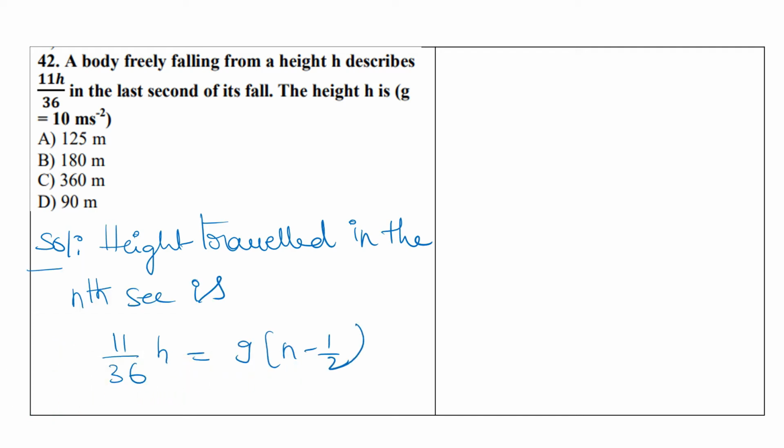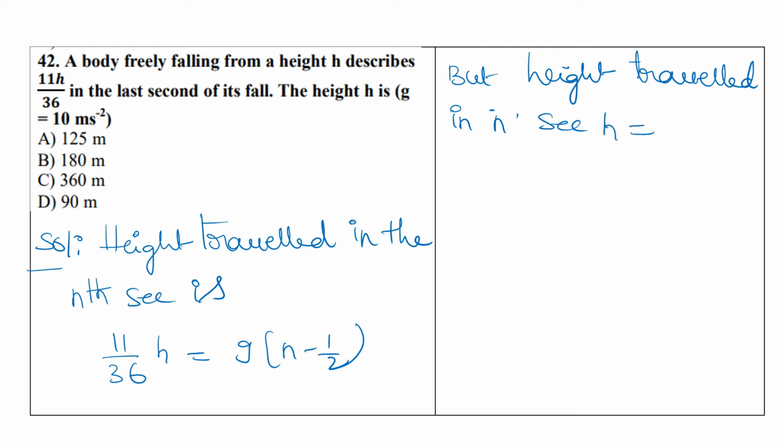But height travelled in n seconds is h is equals to half g n square.